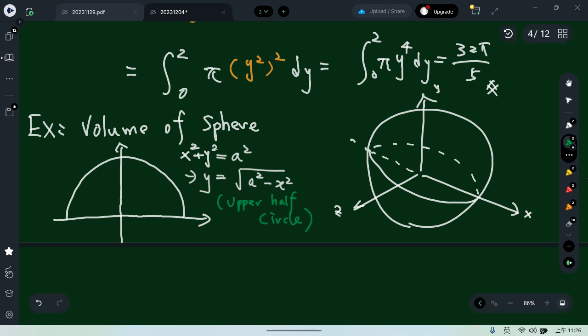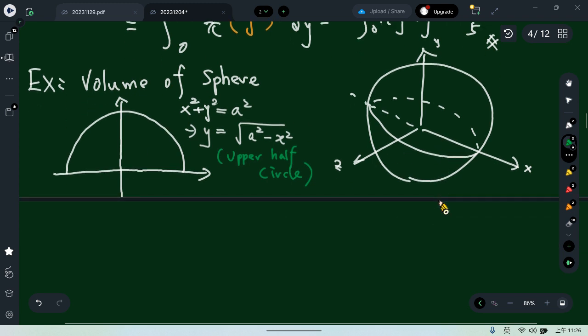The complete circle should be this one. But we just use the upper half circle for what? For generating a sphere. How can we generate it? For example, if here is x, we can know the radius r of x.